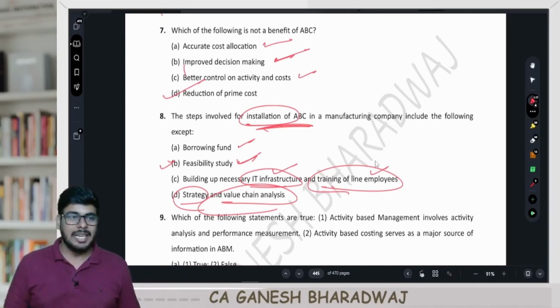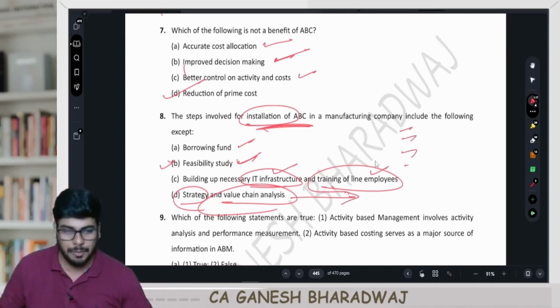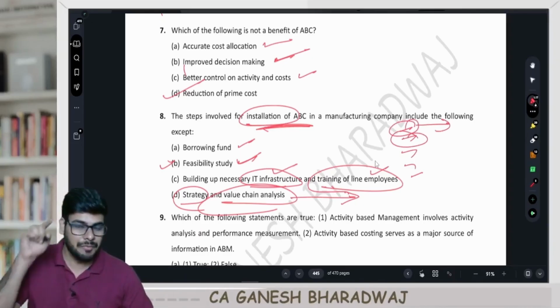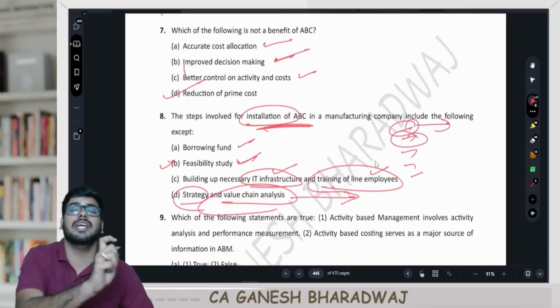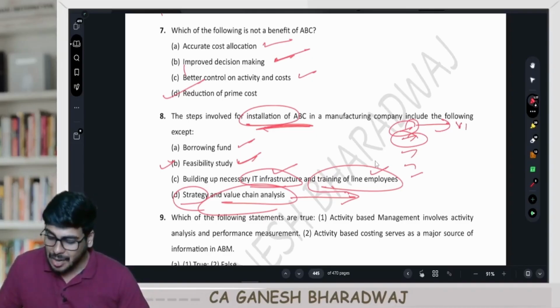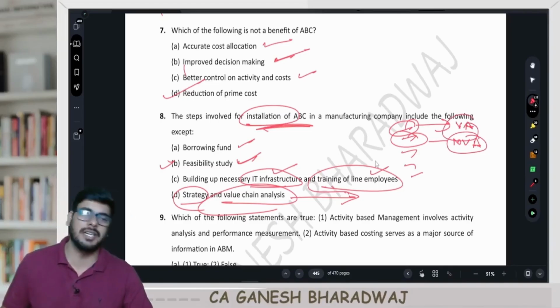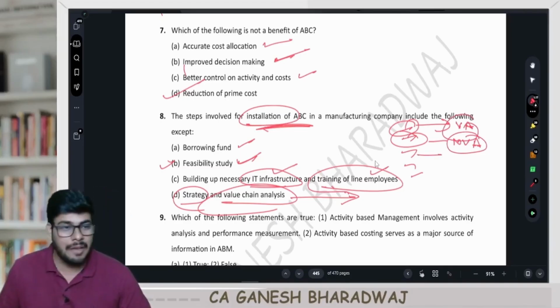And once that is done, yes, we have something called value chain analysis. That is, you have a list of so many activities. We go to every activity and identify it as a value added activity or a non-value added activity. These things are there in your CA final, right? Basically, every activity we will see.